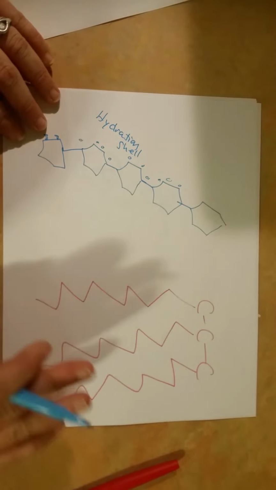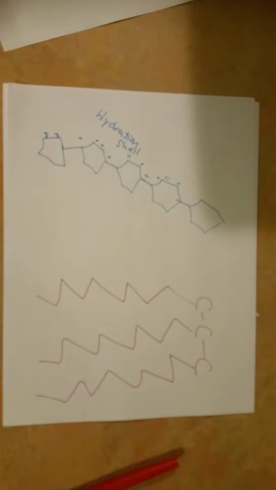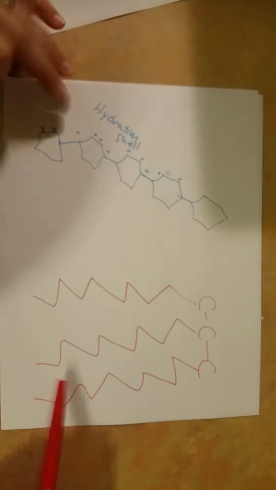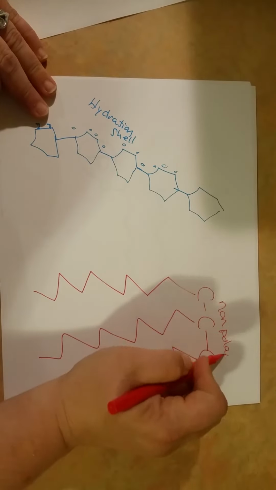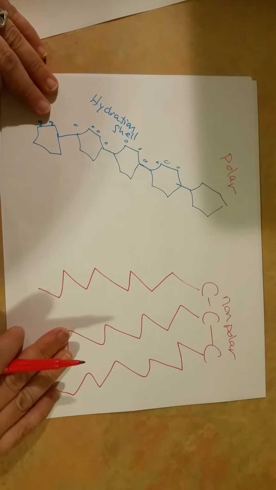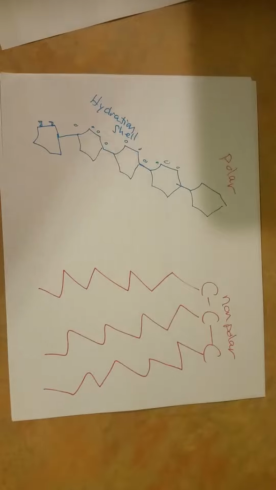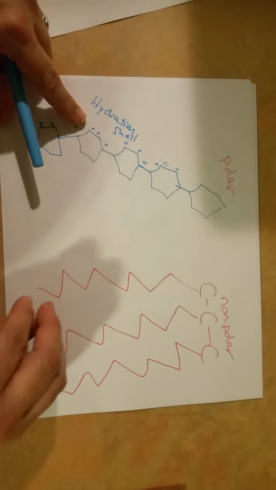This is a hydrophobic molecule. This is a triglyceride and this baby has no polarity to it. It's completely non-polar, whereas this over here was polar. This is a non-polar molecule, and the water is not attracted to it at all, and it's too large to squeeze in between the molecules.